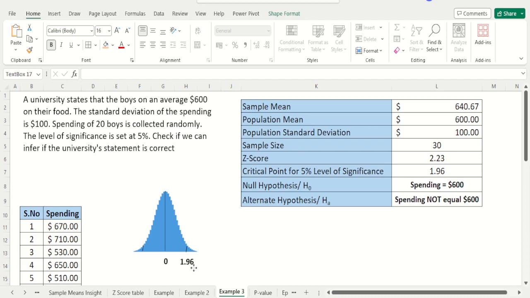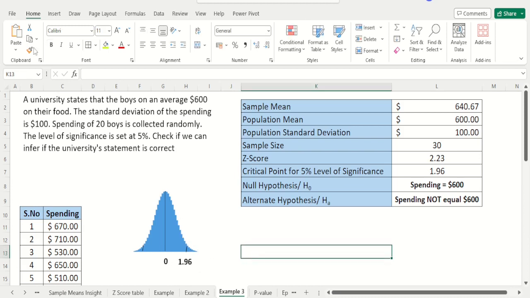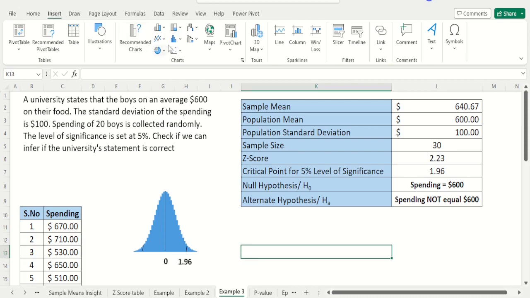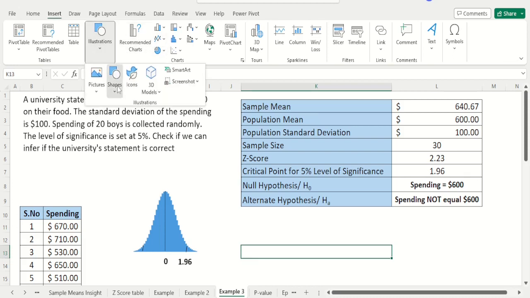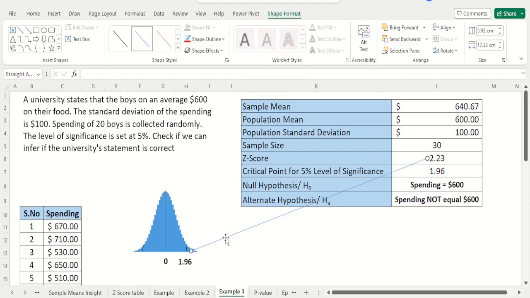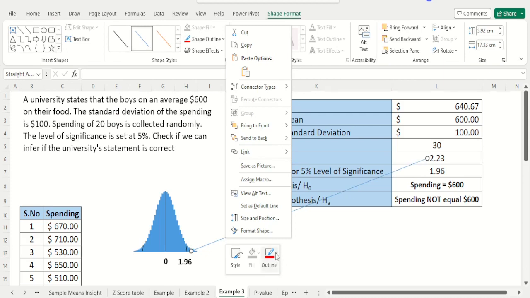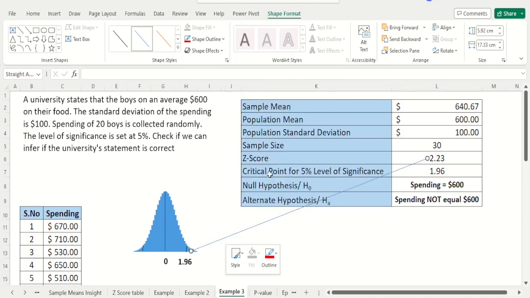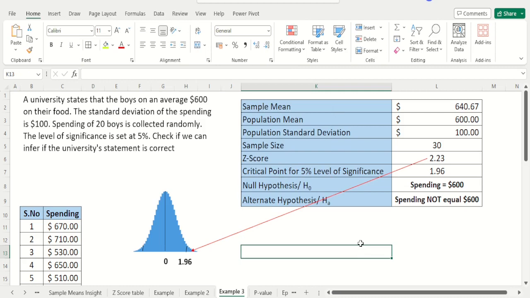It is at 2.23, and 2.23 is still going to lie to the right side of this. So it's still going to fall somewhere here, right? Regardless of the fact that your level of significance has caused the critical point to actually move further away to the right, your z-score is still in the area of rejection.